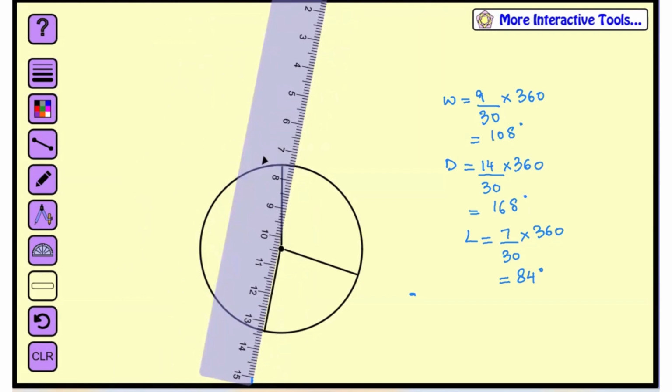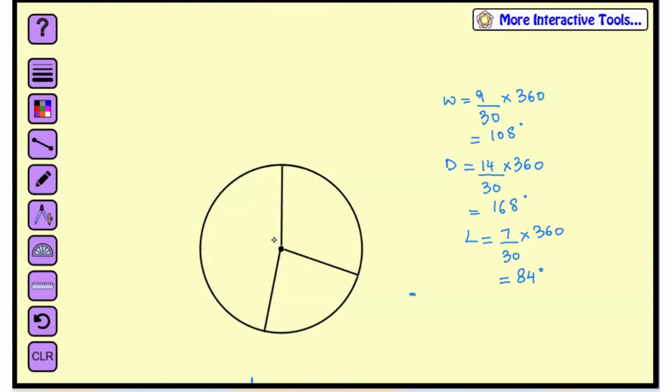Like this, yeah. So that's 168. This is 168. This is 108. This is 84. So this is for win. This is for draw. And that is lose. This is how you draw your pie chart.